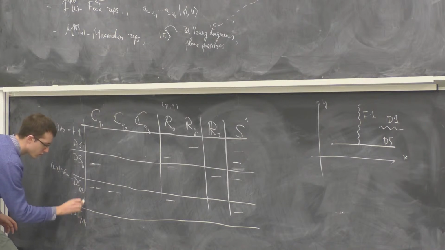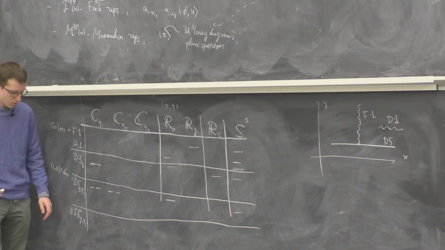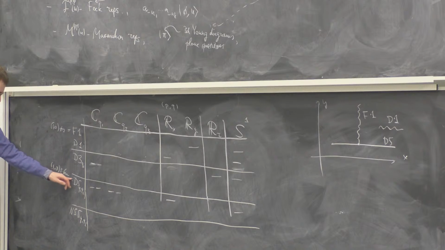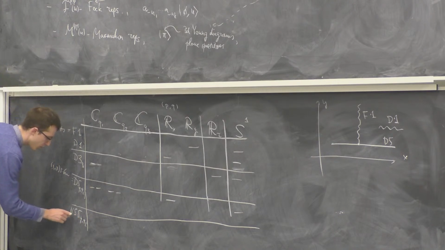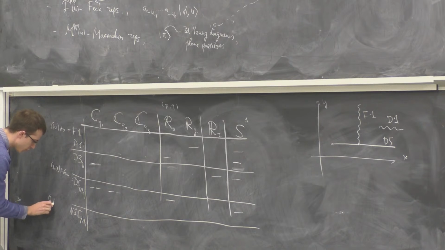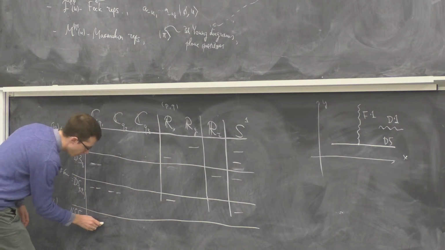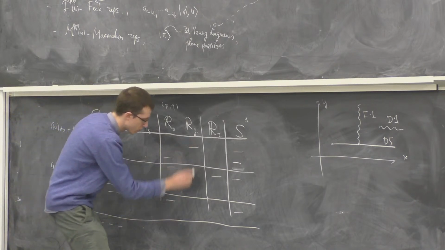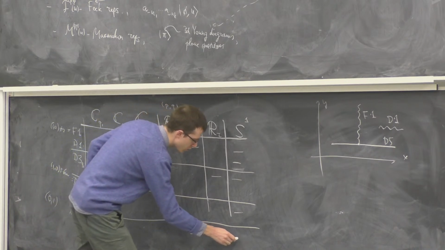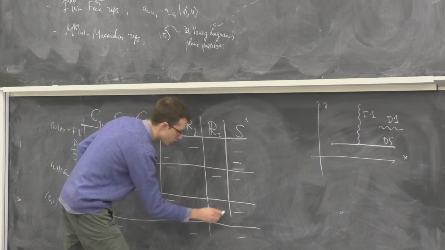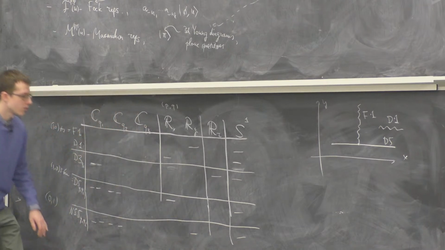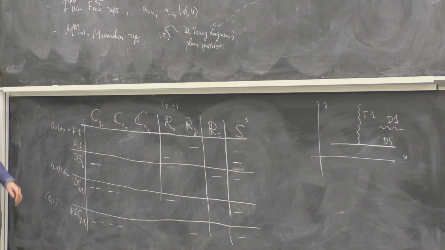And they all have charge 1 0, because they're D5. Yes, but geometrically they lie in different planes. And then NS5 the same story, so it's now 0 1, and here it is situated like this. Okay, fine.